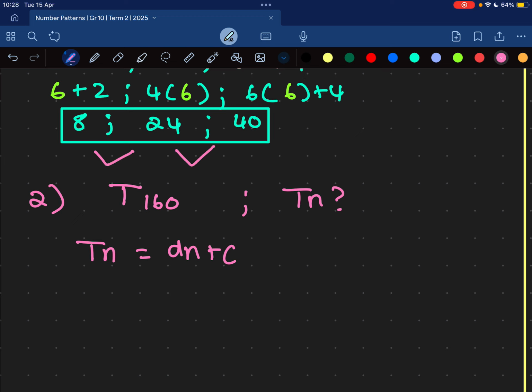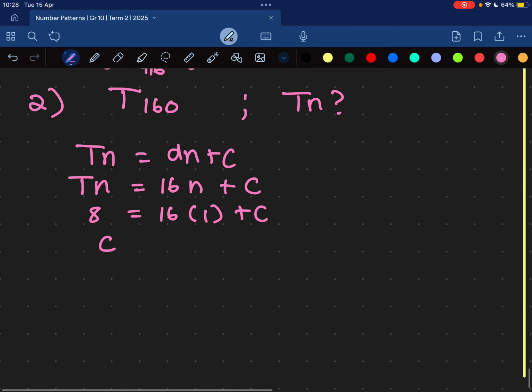The difference I can see is just adding 16. So Tn is equal to 16n plus c. Then I can just substitute. That's 8 is equal to 16 times 1 plus c. So then the c value is just going to be negative 8. So therefore, Tn is equal to 16n minus 8.